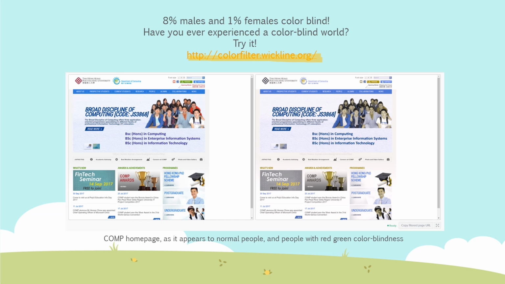So 8% of males are colorblind, and only 1% of females are colorblind. So if you access websites that are created with lots of color, it definitely creates problems for colorblind people. So go to this website and you can check whether your website can fulfill the needs or not, and how your website would appear to someone who is colorblind.